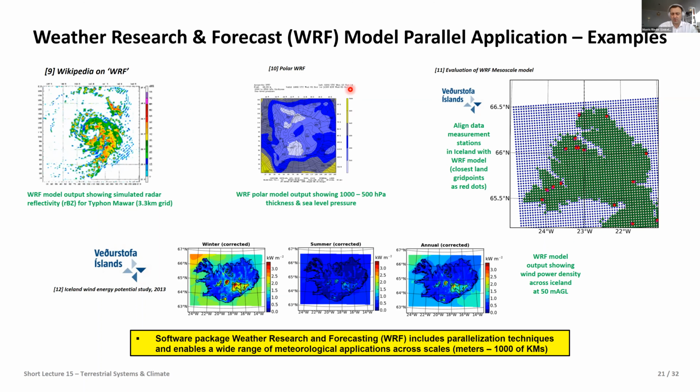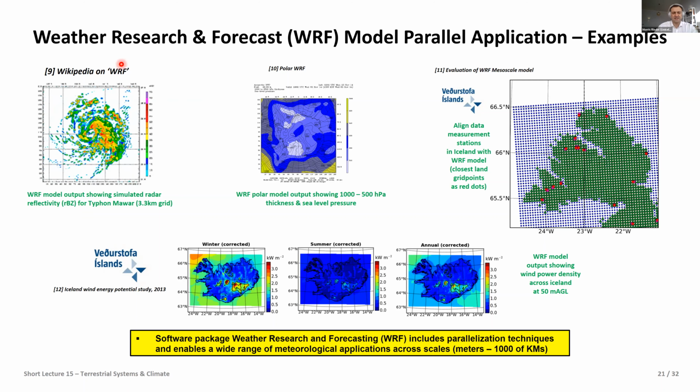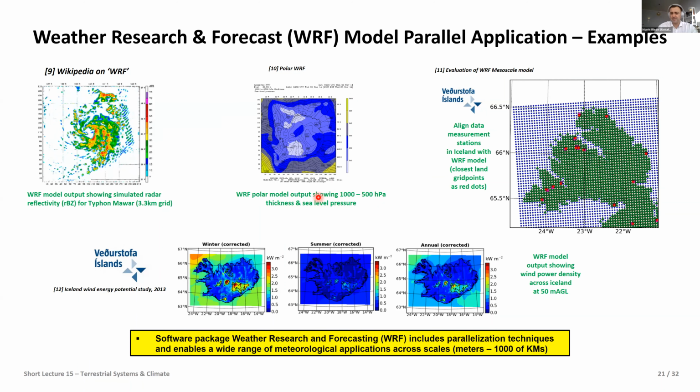You have polar models, which are used here and there, actually from Iceland, to better predict what's happening in more northern countries. Some of the models that are used rather use the polar version, but the fundamental physics are still in the normal WRF. Just several aspects are different in the polar version.